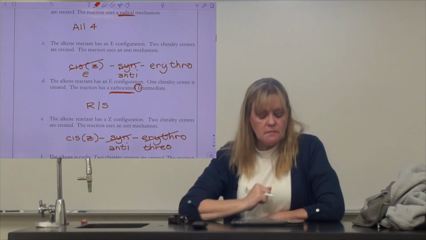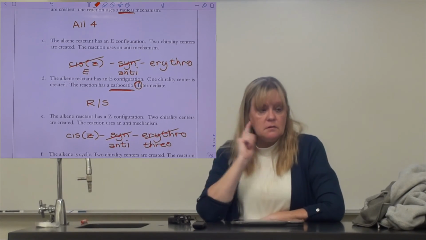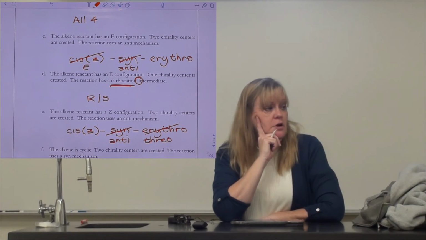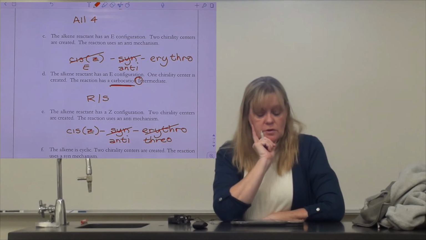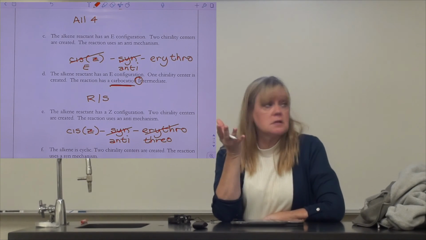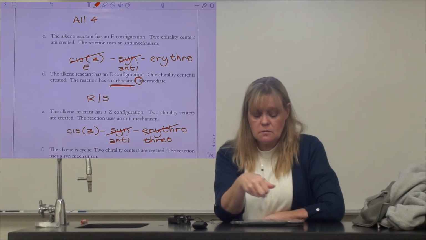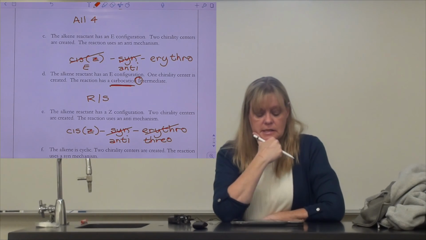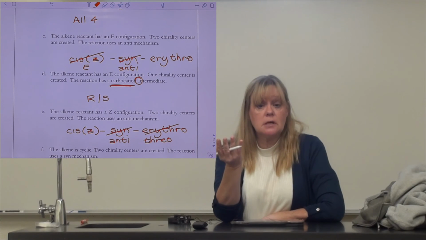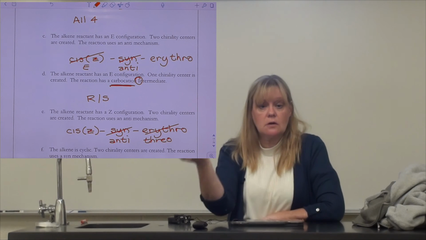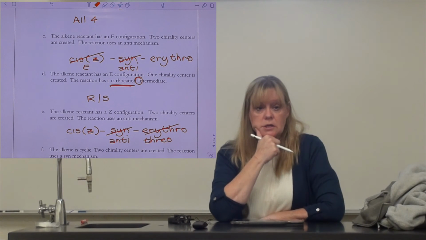It's 3, that's right. You either cross out nothing or you cross out 2. The Z stayed the same, because that was how you were told the reactant was. And then it's an anti mechanism, so I had to cross out syn and replace it with anti. So now I've crossed something out, I've got to cross out something else. I can't cross out the reactant, so I've got to cross out the stereochemistry of the product.